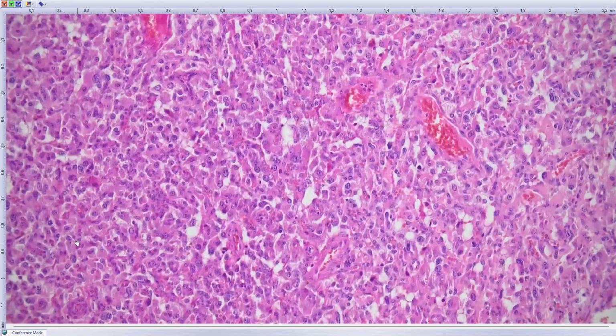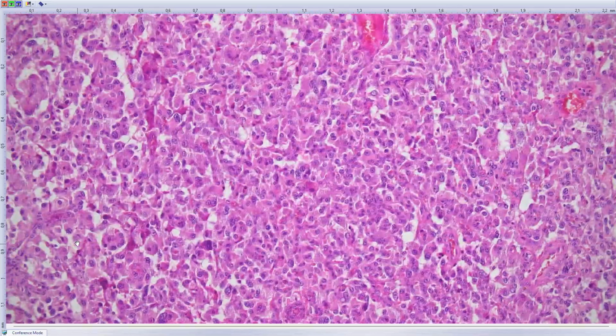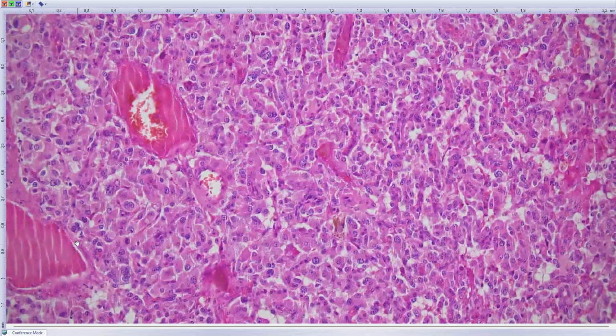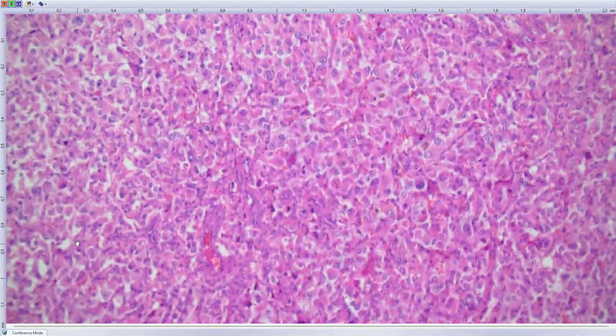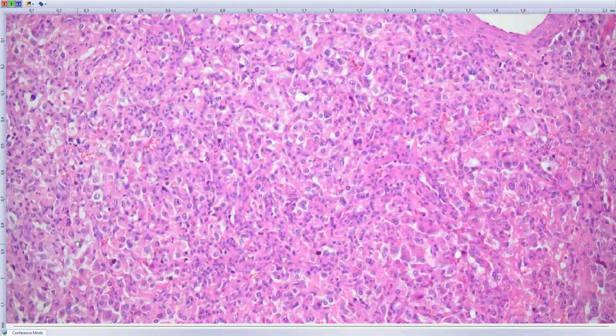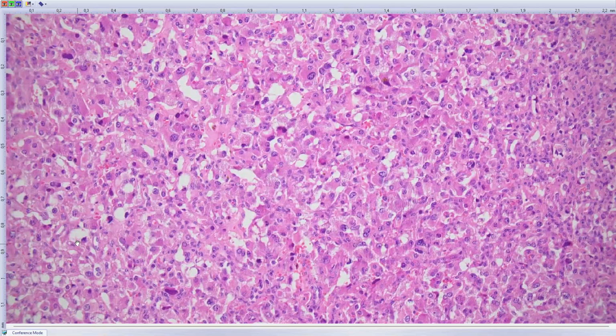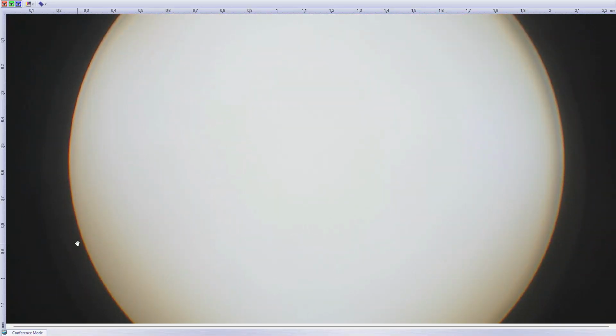Despite this pretty marked nuclear atypia, there weren't that many mitoses. There was some mitotic activity, but it wasn't super high as you would maybe expect based on the pleomorphism. And the cells, for me at least, have kind of this neuroendocrine appearance.